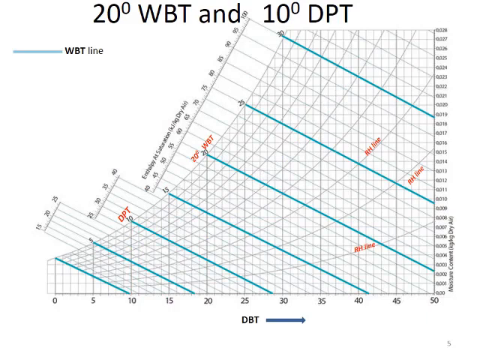Now let us see how to locate when WBT and DPT is given. So example, I have taken 20 degree WBT and 10 degree DPT. So even if you want to measure WBT and DPT, initially you have to take it along the DBT axis itself. Then you have to go up and then the procedure or method changes.